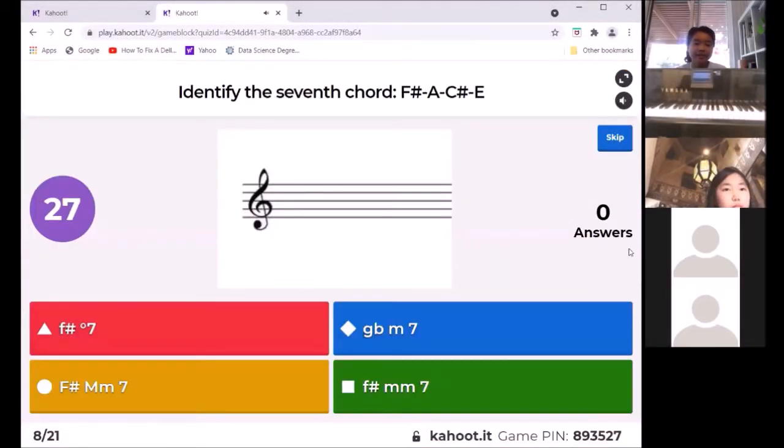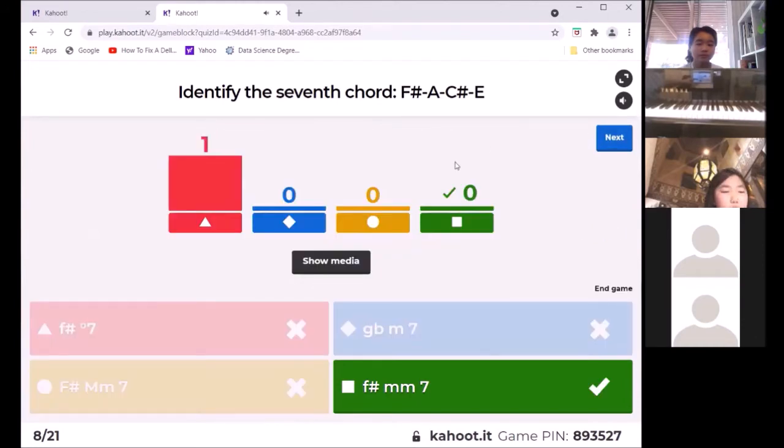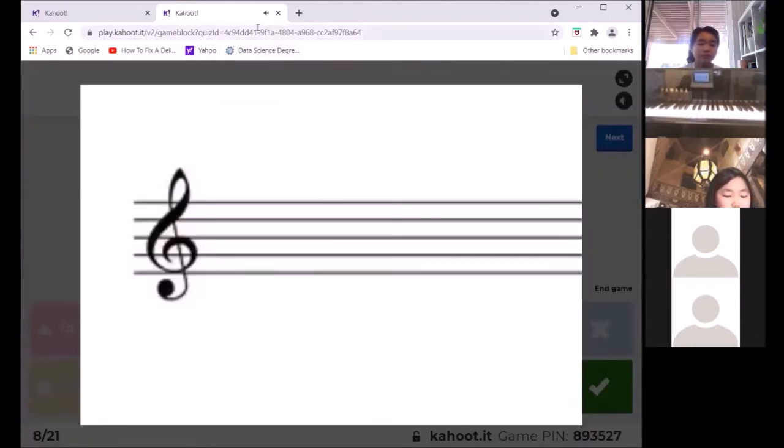Next question is, identify the seventh chord: F sharp, A, C sharp, E. Okay, so the four notes in our seventh chord are F sharp, A, C sharp, and E. So what we're going to do is find the qualities of the triad and the seventh.